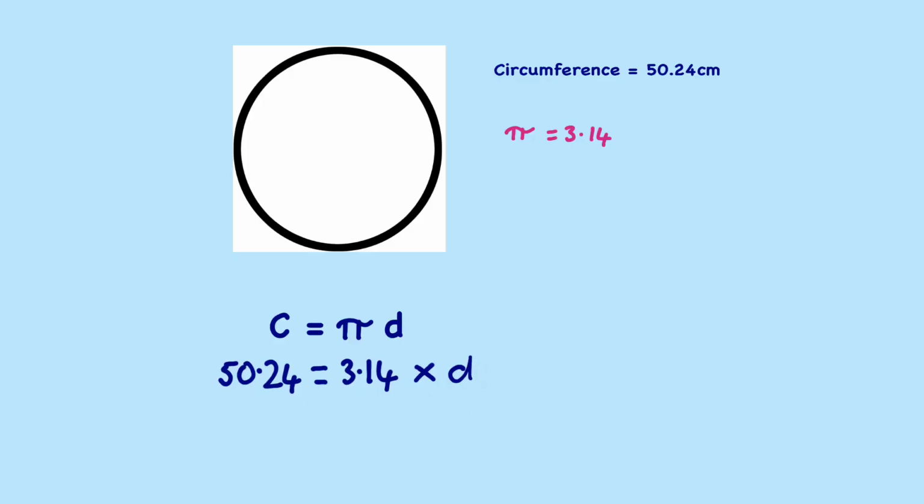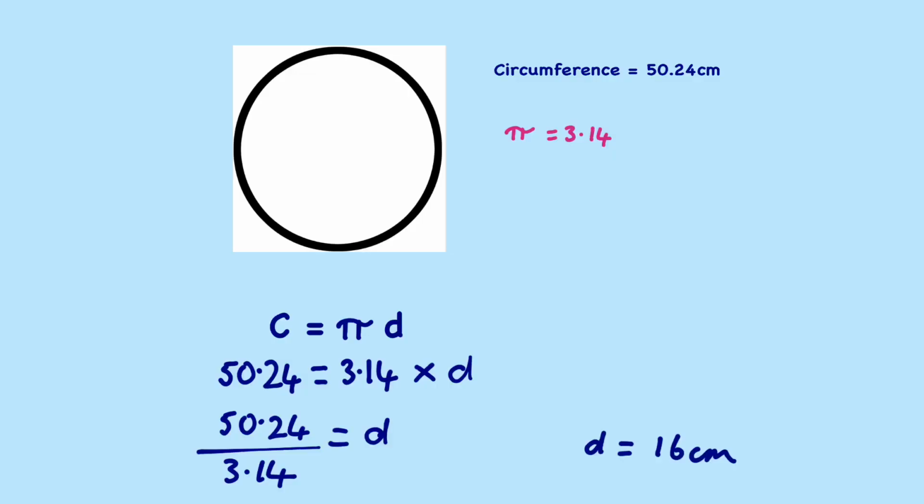So then to find the diameter, we will divide 50.24 by 3.14. So we'll do the inverse operation to find the diameter. Putting that into my calculator I get the answer of 16 centimetres.